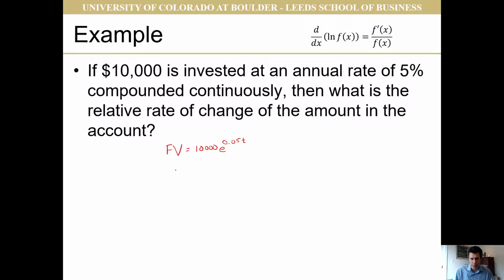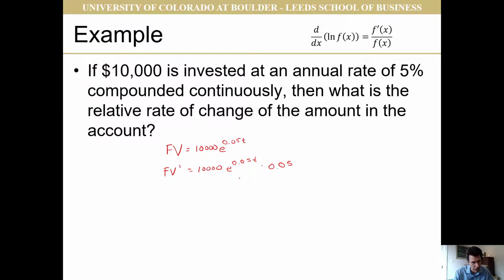So we need to take the derivative of this function. The derivative is 10,000, that's a constant, e to the 0.05 t times 0.05, because this was a chain rule.